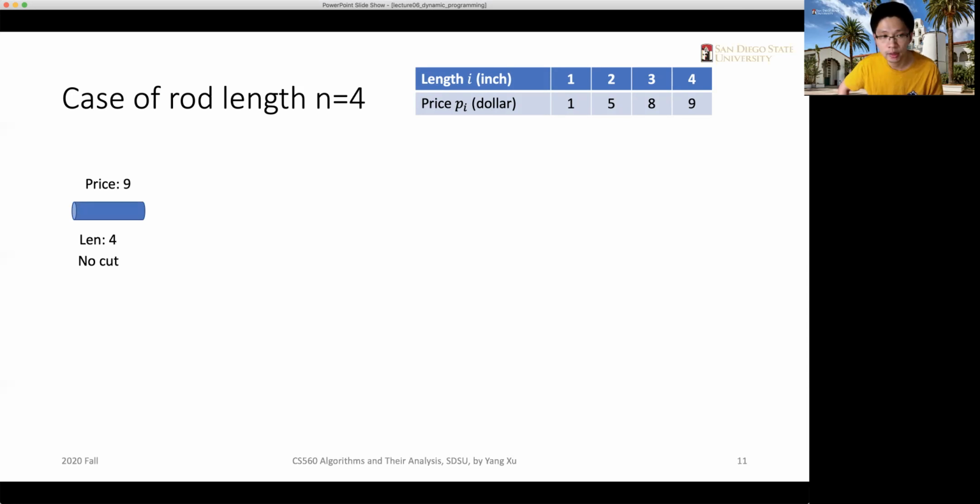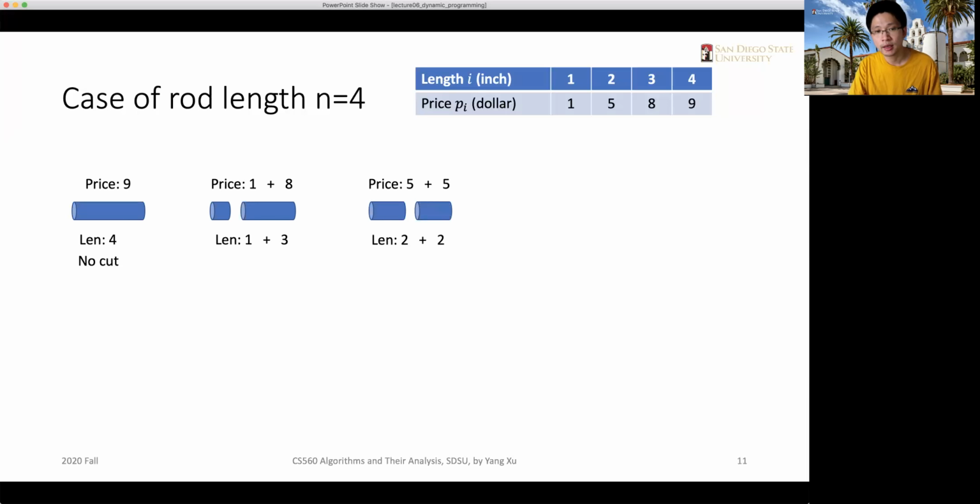We don't cut it. Then the resulting length is a 4-inch rod, and the price is $9 according to the table, right? Second, we can cut it into 1 plus 3, and the price would be $1 plus $8, which is also 9.